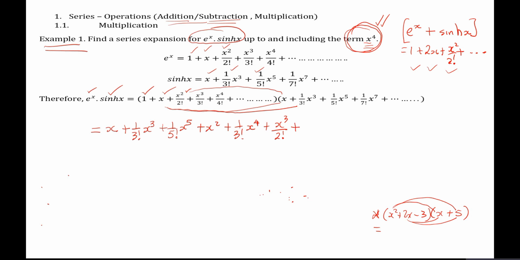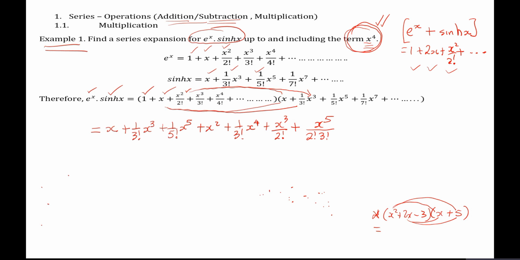Then, now let's look at the next one. x squared over 2 factorial multiplied by 1 over 3 factorial x cubed. So I'll get x to the power 5, and the factorial will be both 2 factorial times 3 factorial. Now I didn't need to do this particular term simply because it's x to the power 5. But the whole idea in this lesson is to equip you with the skill in doing this.